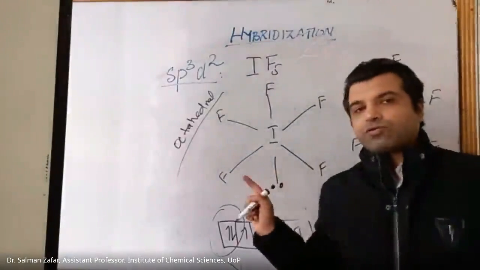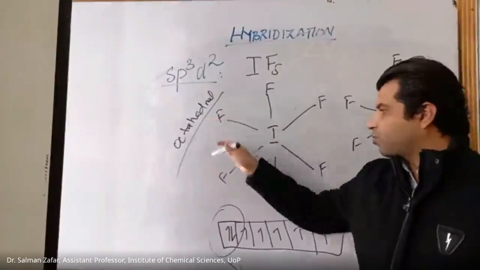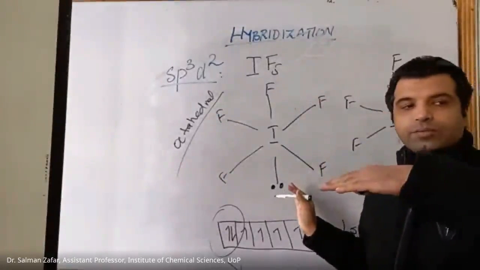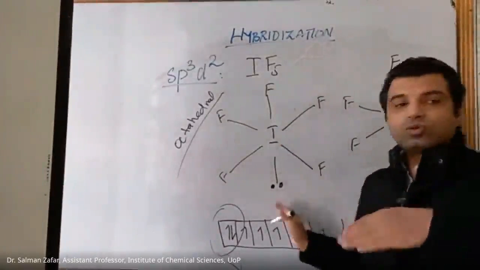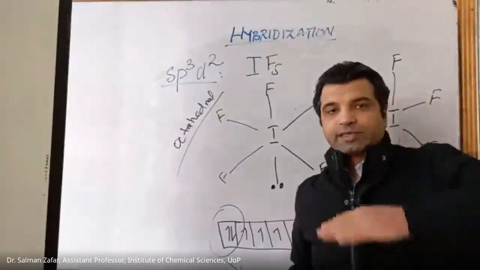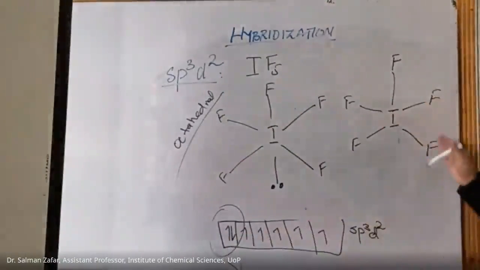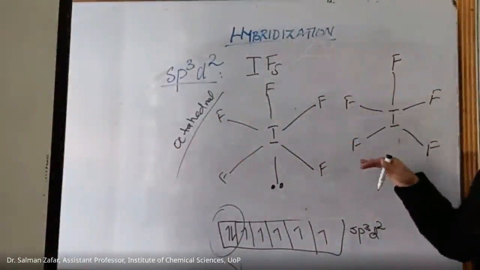Okay, one thing you should remember is that again, because it's an octahedral geometry, these 4 orbitals, 1, 2, 3, and 4, are lying in the horizontal plane or axis, and these 2 are on the vertical axis, perpendicular to these 4 orbitals, right? So again, we have these 4 orbitals which are on the horizontal axis.